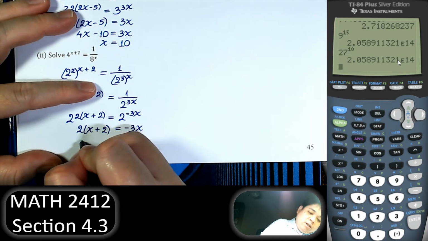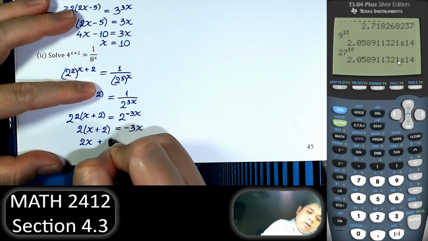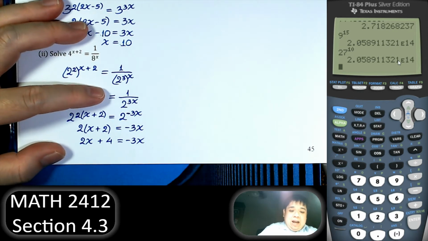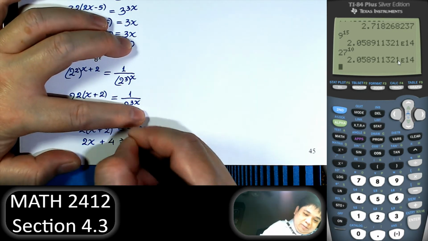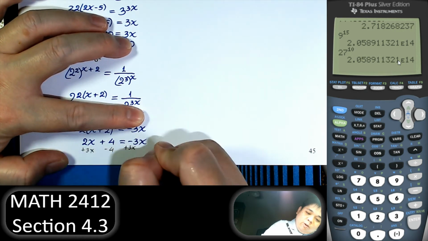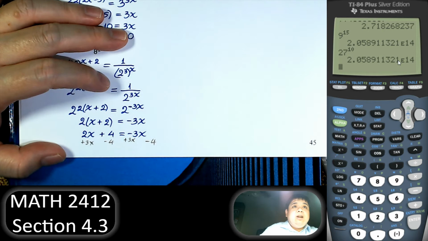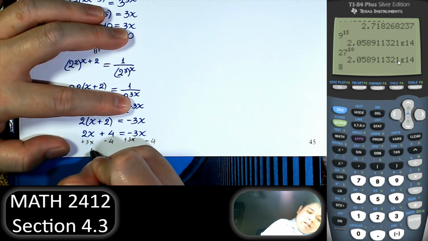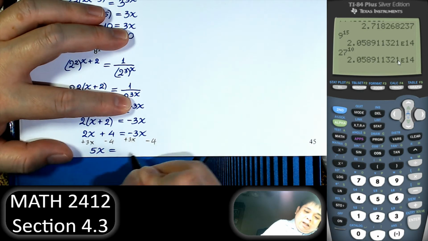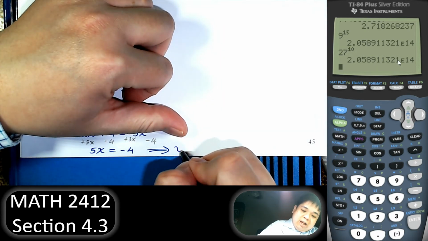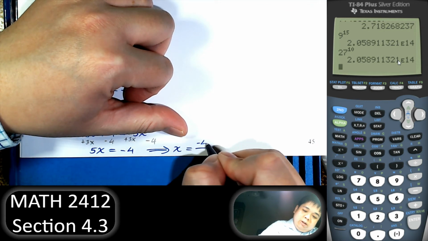Multiply it out, 2x plus 4 equal to negative 3x. Okay, I add 3x to the other side and minus 4 to the other side. So we have 5x equal to minus 4. With that, that gives us x equal to negative 4 over 5.